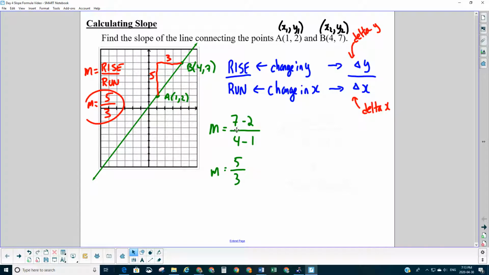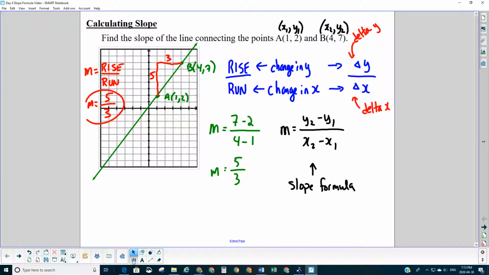This rise is the change in y, so it comes from the second y value minus the first y value. So we can say y2 minus y1. And then the bottom, the run, comes from the change in the x's. It's where you are now, in this case the 4, minus where we began, the 1. So that's x2 minus x1. And the result is this thing which we call the slope formula.